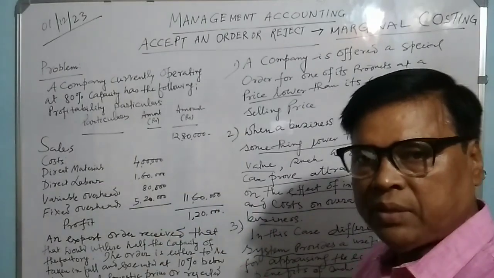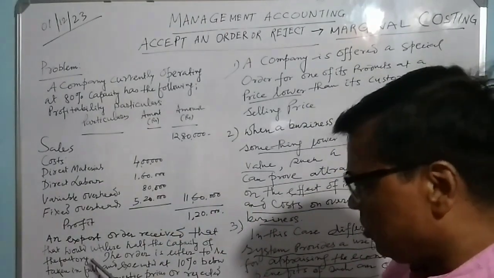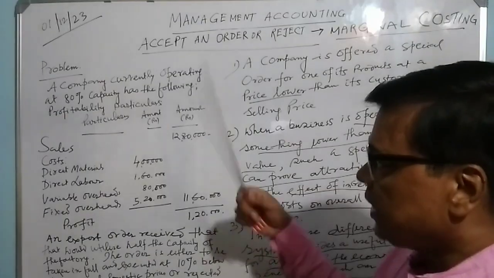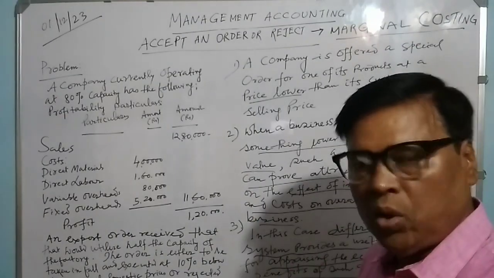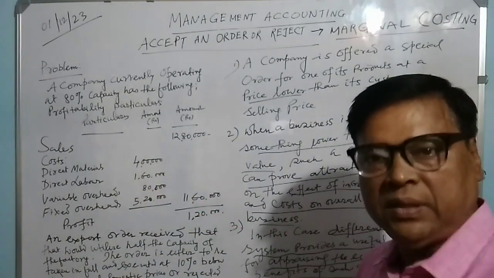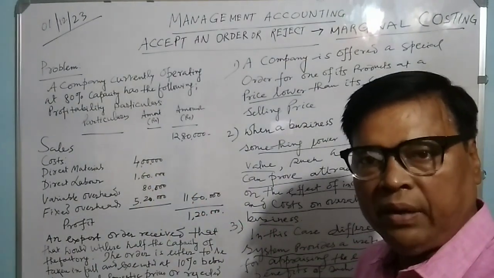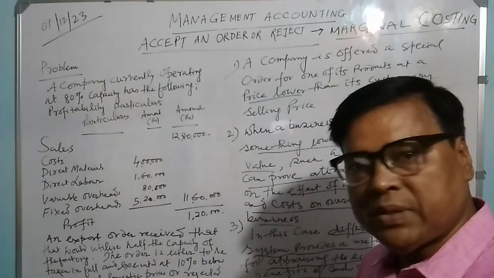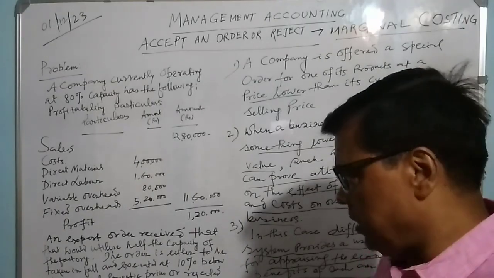Your domestic market is at 80%. If you execute the export order, 50% capacity will go, so you will have only 30% for your local market. So you will be losing 50% there in case you take the export order.